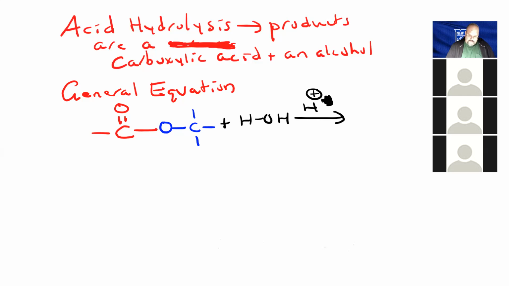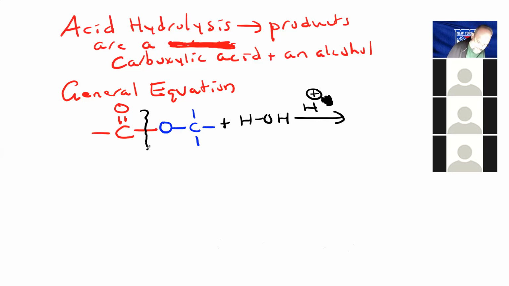Of course, H plus is the generic symbol for acid. And to help with this, instead of writing water as H2O, I'm going to write it as H bonded to OH. So first off, where does the ester split apart? Remember that key bond? The key bond between the C double bond O carbon and the alcohol oxygen, that's the bond that forms when esters are made. And that's the bond that's broken when esters split apart.